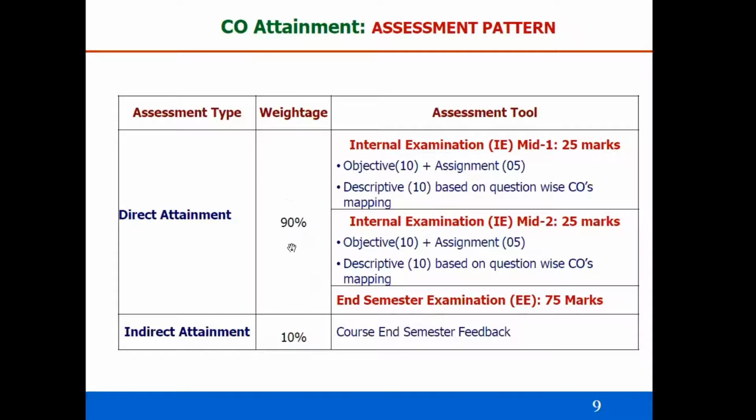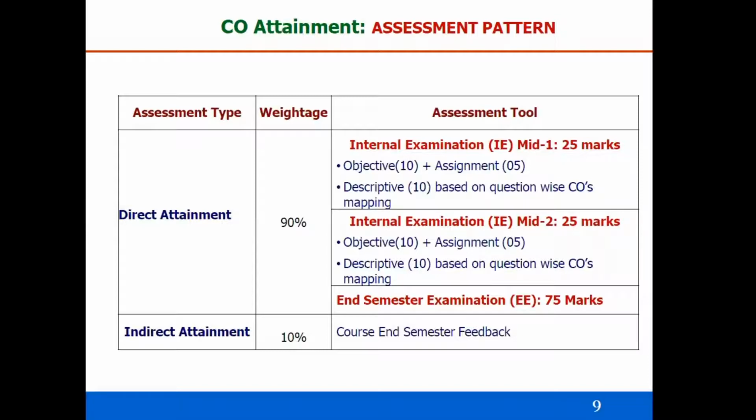As for accreditation manuals, the distribution of the weightages for direct and indirect attainment depends on your university marks distribution or your university evaluation process.